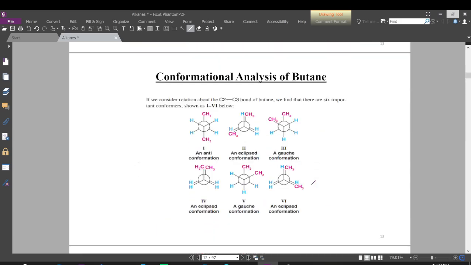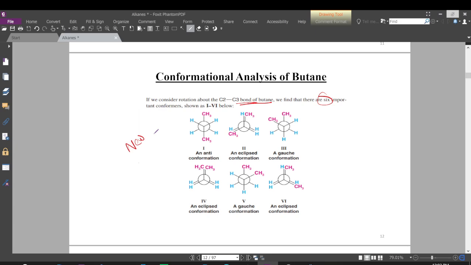Now we can do the conformational analysis of butane. If we consider rotation about this carbon-carbon bond of butane, there are six important conformers. This is the Newman projection, which represents the 3D alkane.